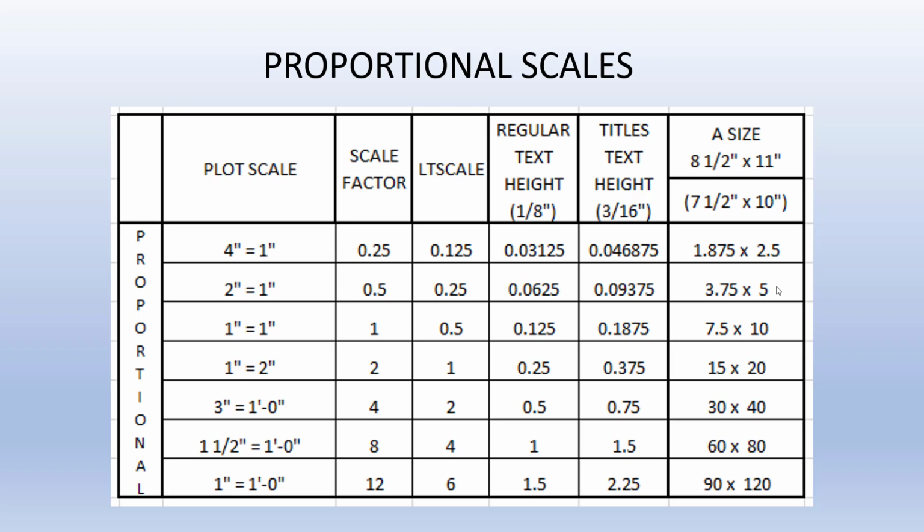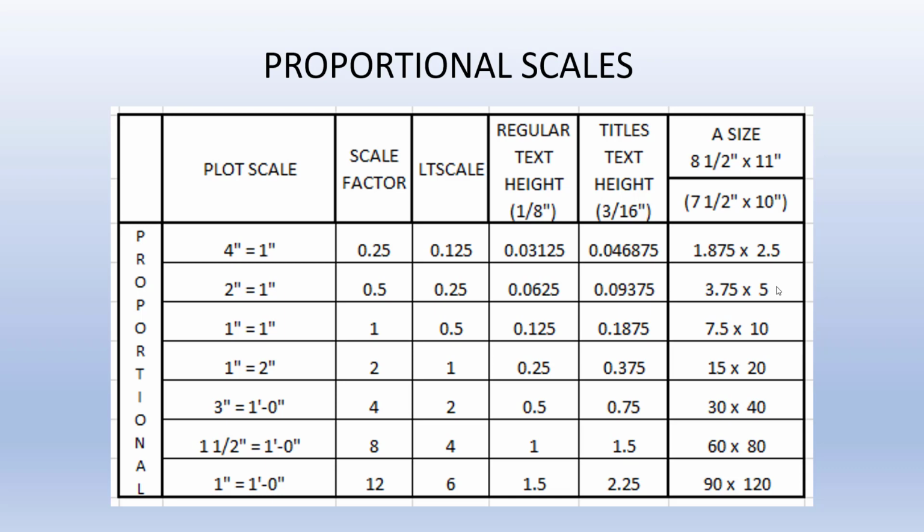The last column is the dimensions of your border in model space after you have scaled up the border using the scale factor. Not shown here and in the next two examples are columns showing scaled border sizes for B, C, and D size drawings. Since we are focusing on the process of scaling borders, we are excluding them for this lesson, but it should be understood that the scaling process will be the same for those sizes as well.